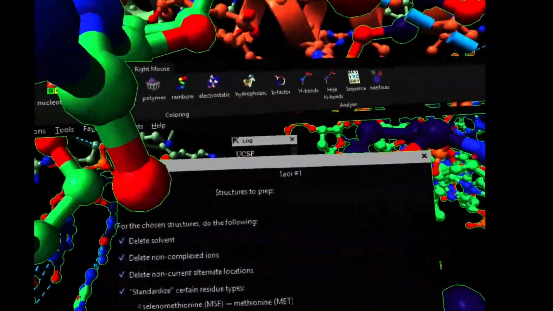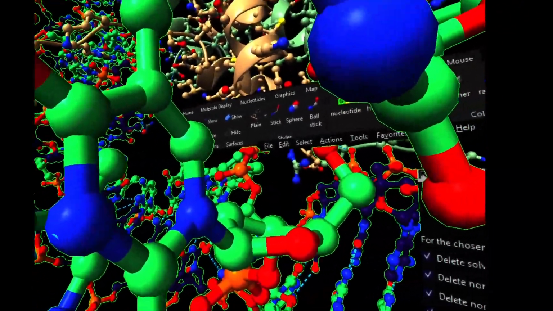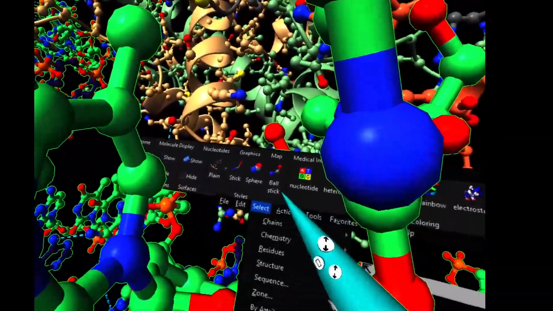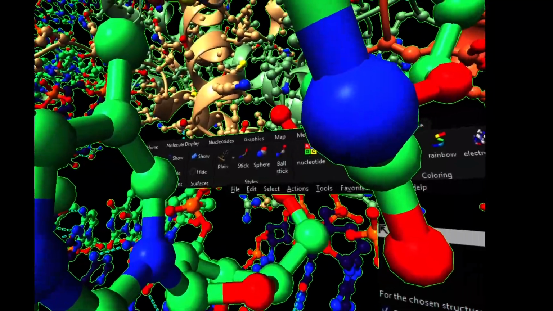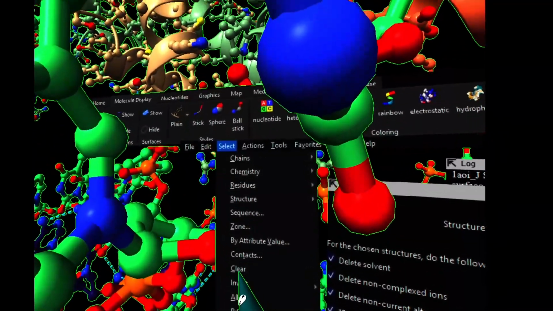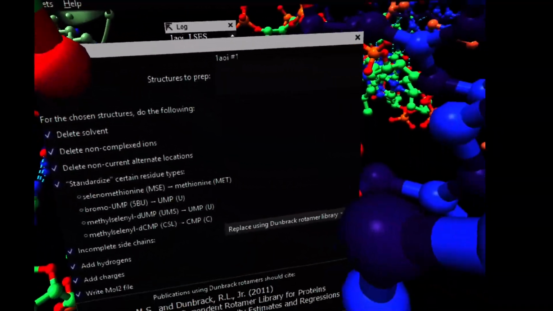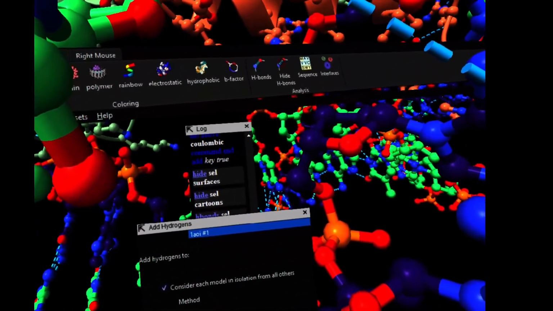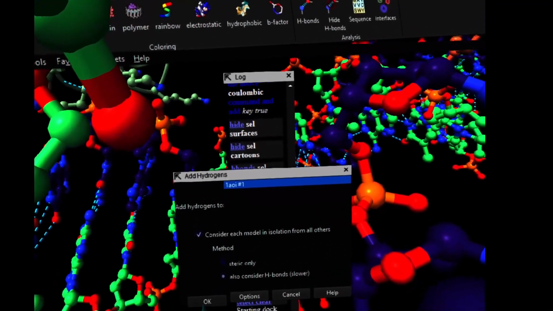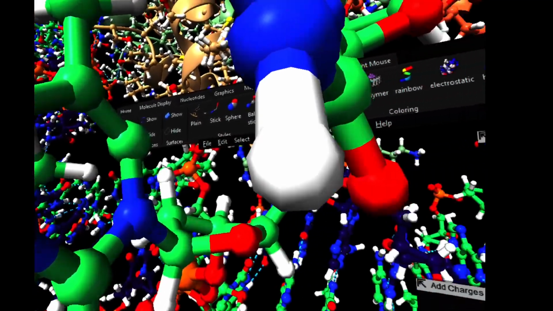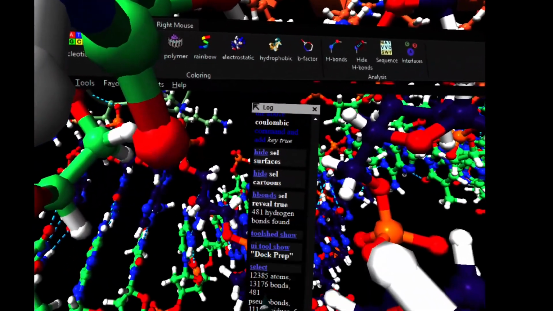First of all, let me deselect the entire complex, and we will run Dock Prep with the default model, and adding hydrogens takes a little while. We'll also assign charges using the Gasteiger method, which ChimeraX uses by default, and we do not need to save our molecule right now.